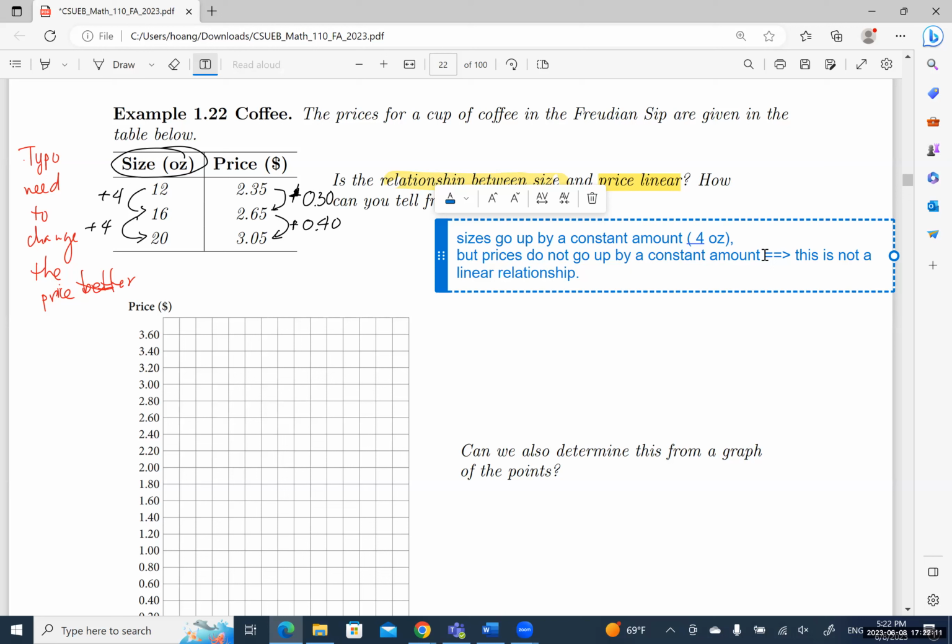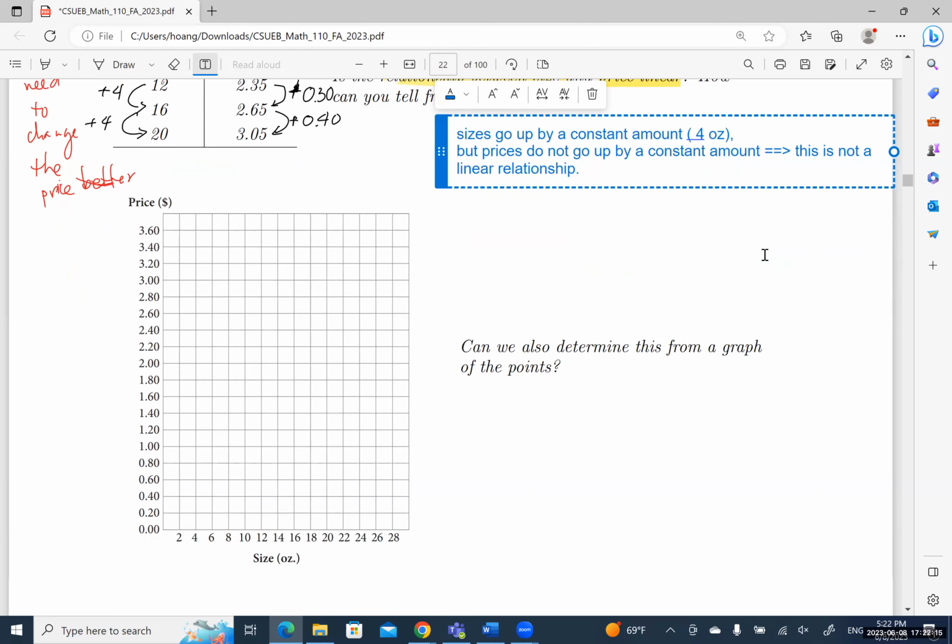All right, so let's determine this from the graph of the points.